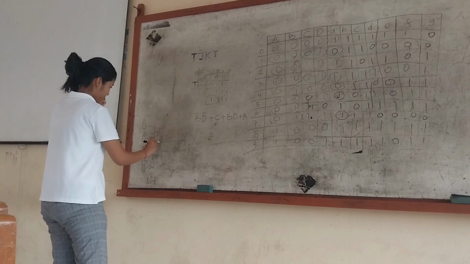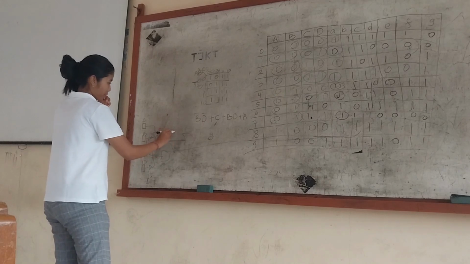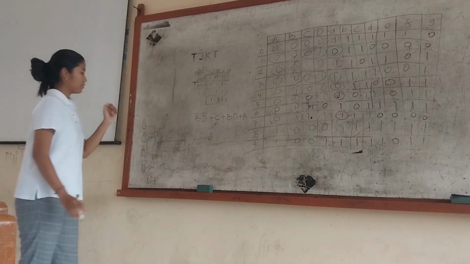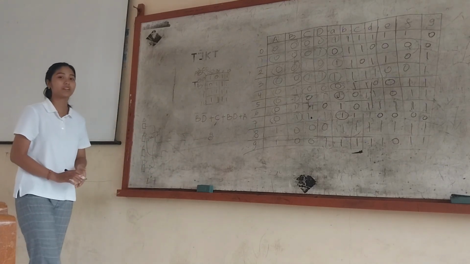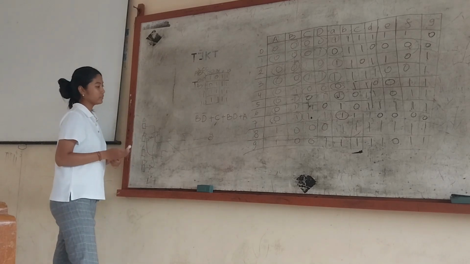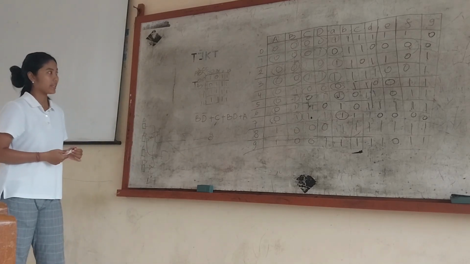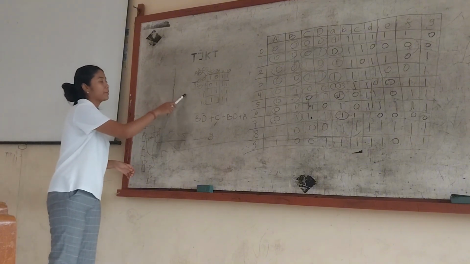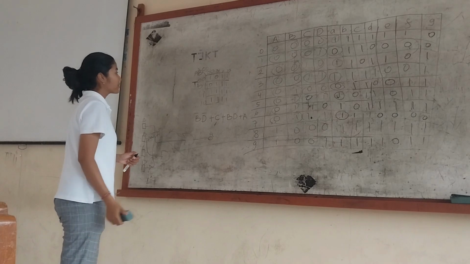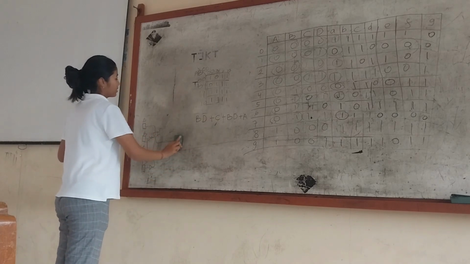So this is the final result of the circuit and the Karnaugh map for A. So we can move to the B Karnaugh map.